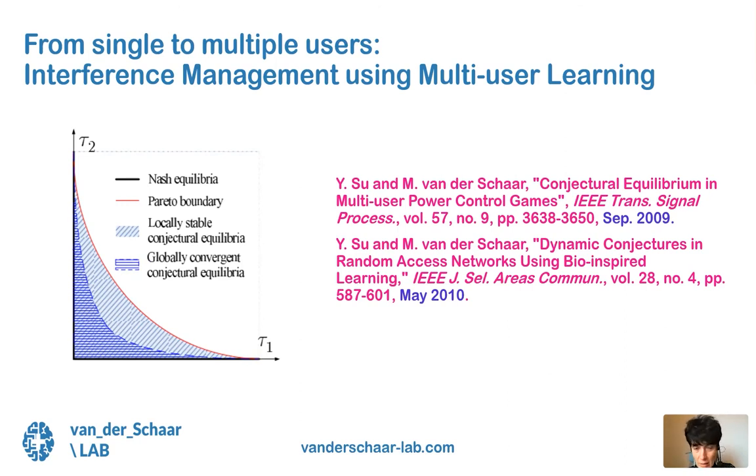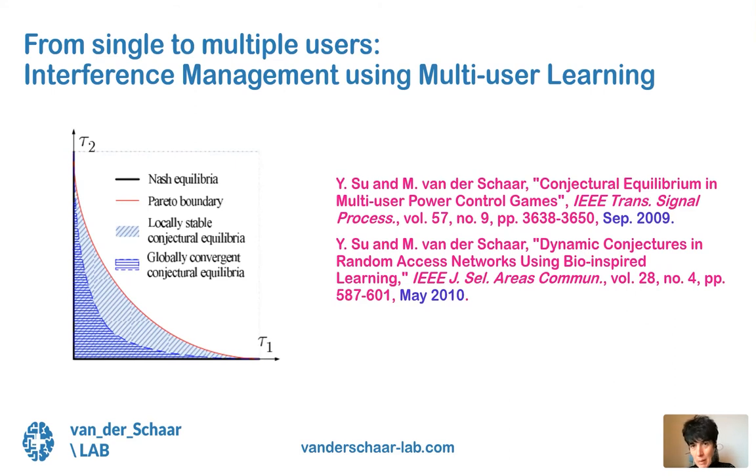And we show that unlike water filling algorithms that were popular for interference management, which converge to ineffective Nash equilibria, we can do a lot better by allowing agents to learn, for instance, by building conjectures about other stations, and in this way play more effective equilibria. And we use different types of multi-agent learning approaches that are inspired. Some of them are bio-inspired, some are just using the characteristics of the wireless protocols to learn.